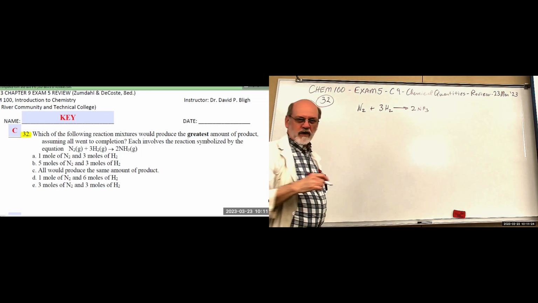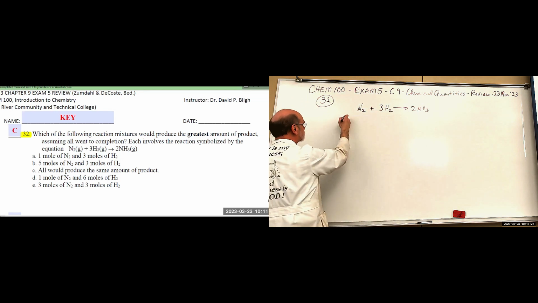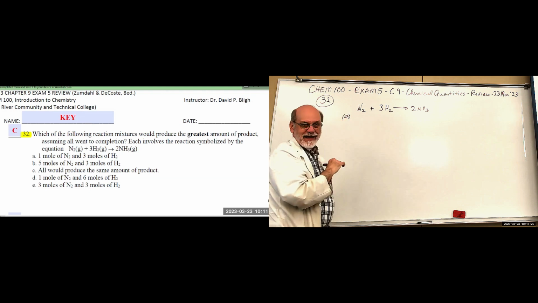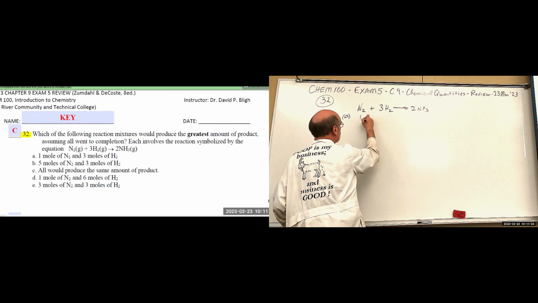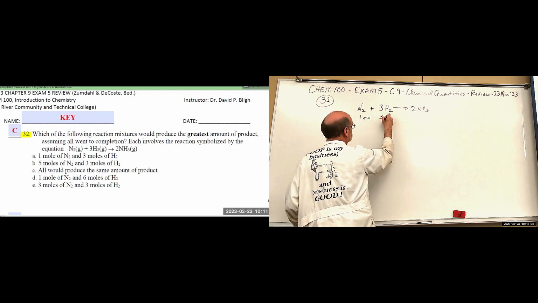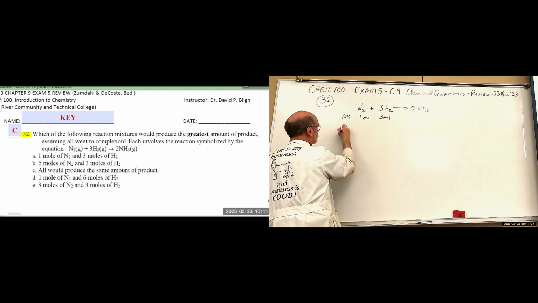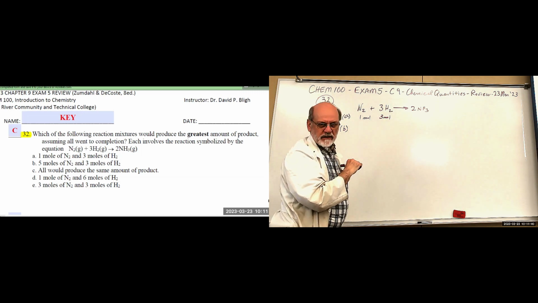Okay, so what are our choices? A is 1 mole of nitrogen, 3 moles of hydrogen. Let's just put them all up here and then we'll talk about them.